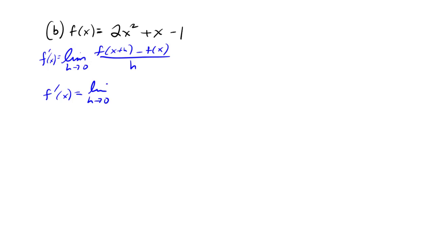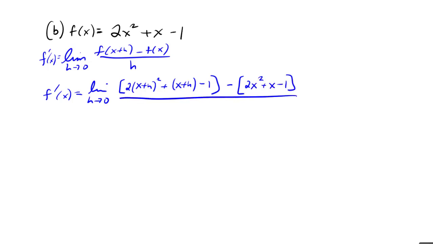Remember, this is x plus h going in everywhere for x. So 2 times x plus h squared plus x plus h minus 1. So that's f of x plus h, minus f of x, exactly how it's originally stated, over h.